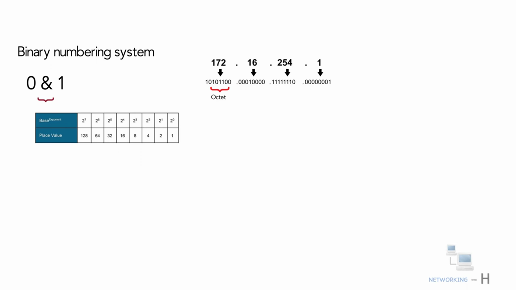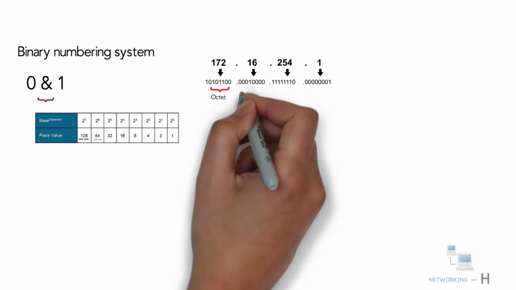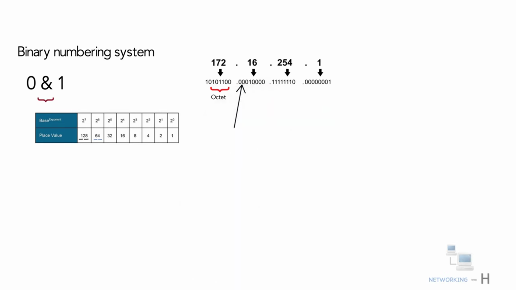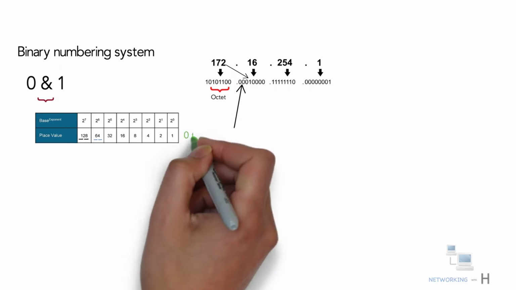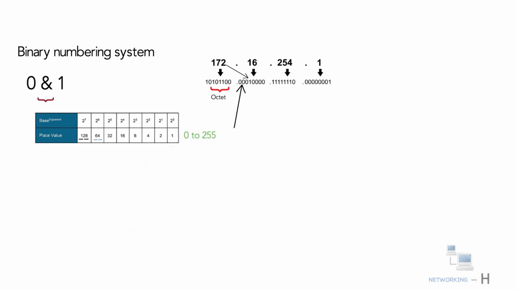So starting from the left, the first bit has a value of 128, then 64, then 32, and so on all the way to 1. Each bit in an octet can either be 0 or 1. If a bit is 1, the number that it represents counts. If it is 0, then the number it represents does not count. So by combining the 1s and 0s in the octet, you come up with a range from 0 to 255.